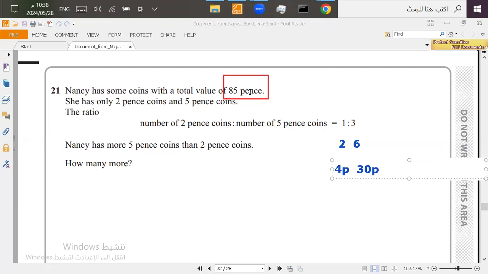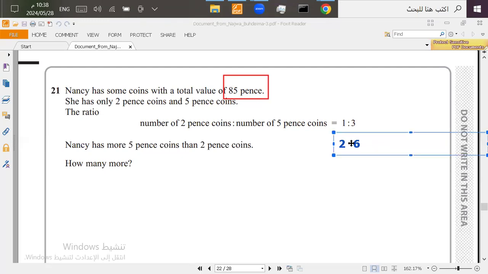Now I need 85. That's the idea. I'll go up with the number until I find the 85. So, for example, let's go to 5. If these are 5 coins, then, because the ratio is obvious, I have to multiply by 3 each time. So if these are 5, these are 15.